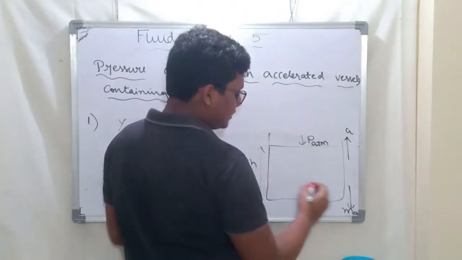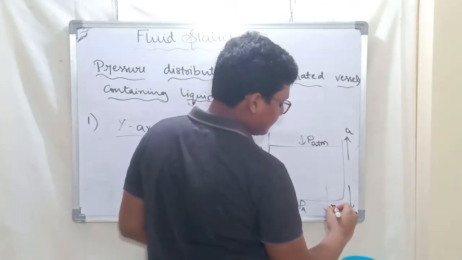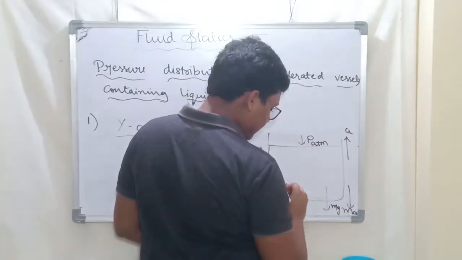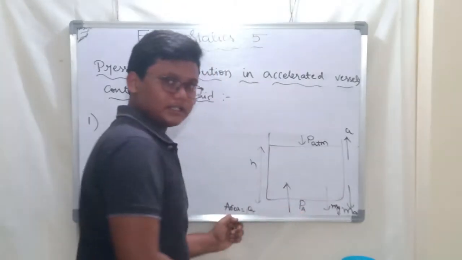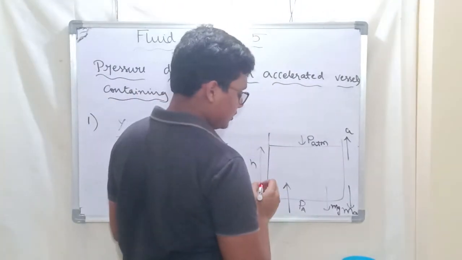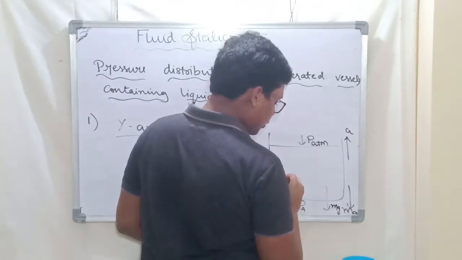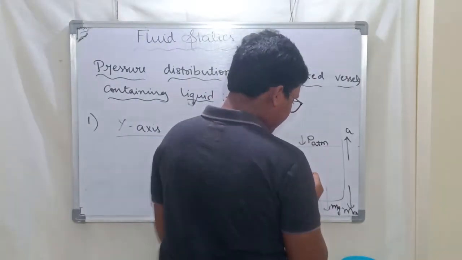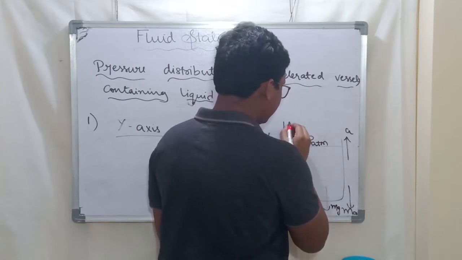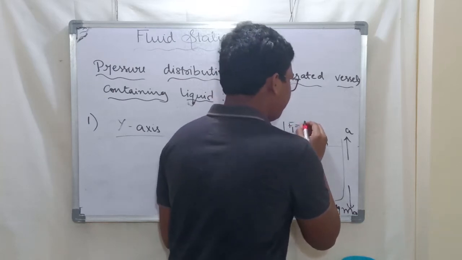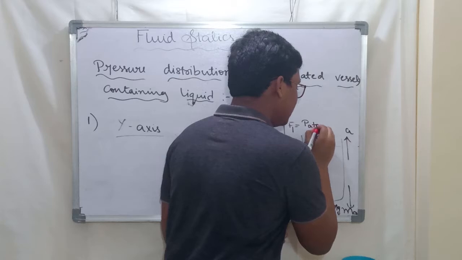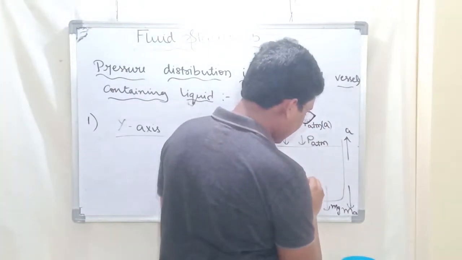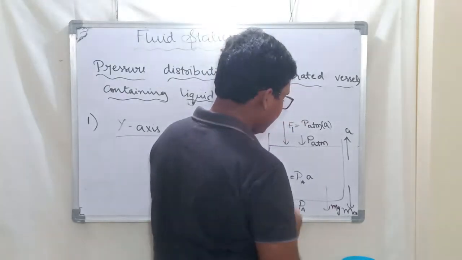So mg is acting downwards here, and pressure into cross sectional area is equal to force. Here F1 is equal to P ATM into the cross sectional area, and here PA into the cross sectional area is F2.